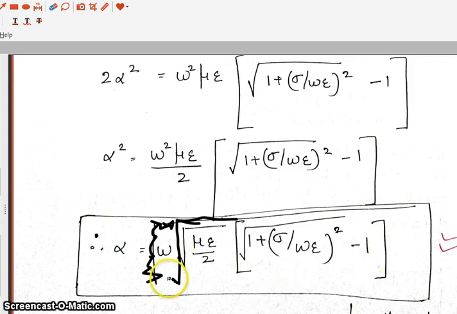Okay, so this is alpha, omega into the whole square root, and inside that we have a square root term also, where alpha is the attenuation constant. Okay, alpha is your attenuation constant.